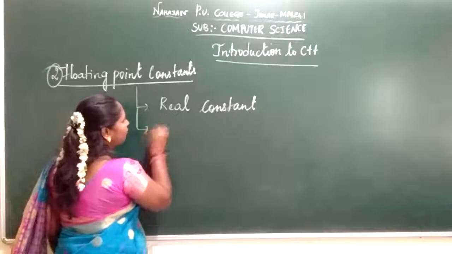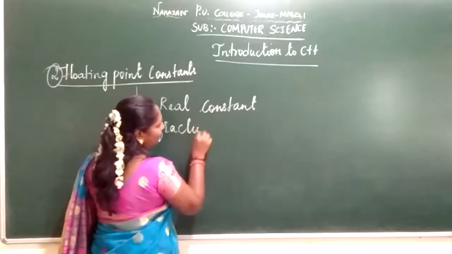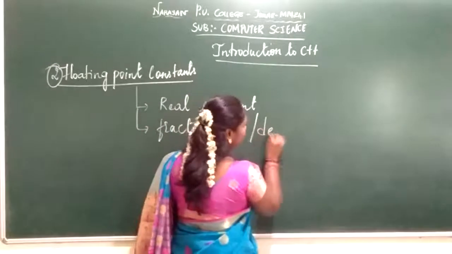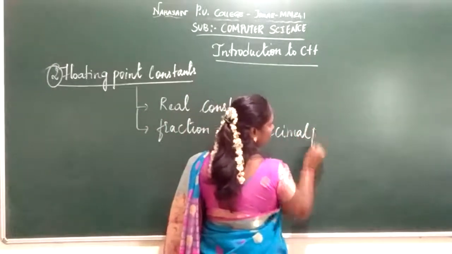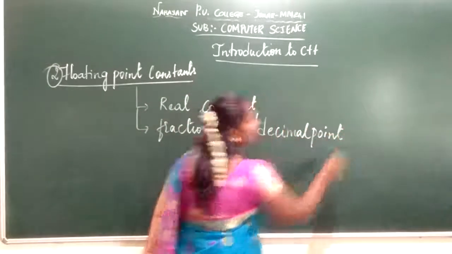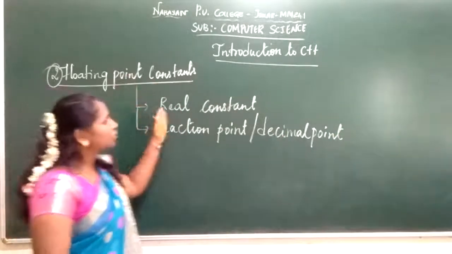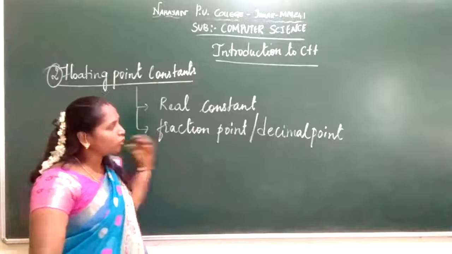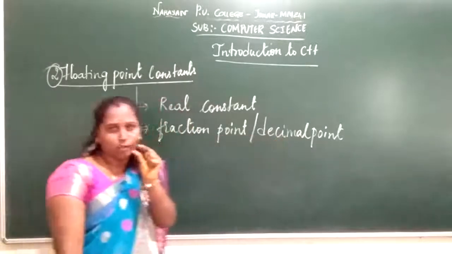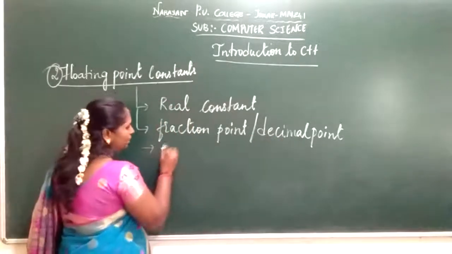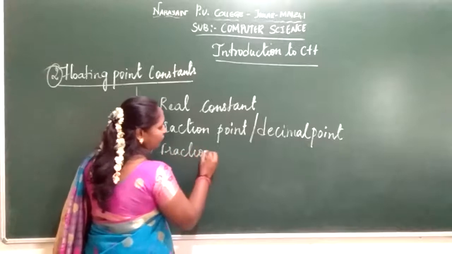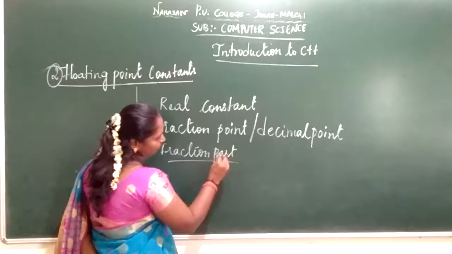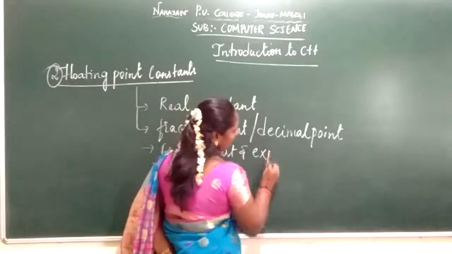It consists of a fraction point, or decimal point, or period point. Here it has a fraction part, and in this you have the fraction part and the exponent.